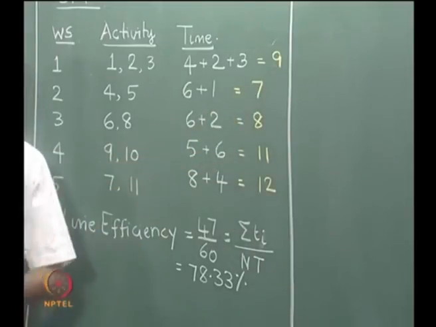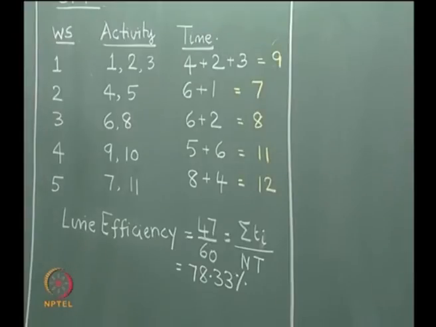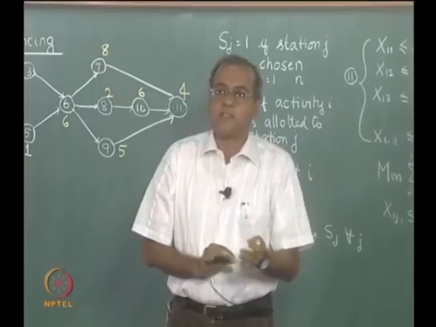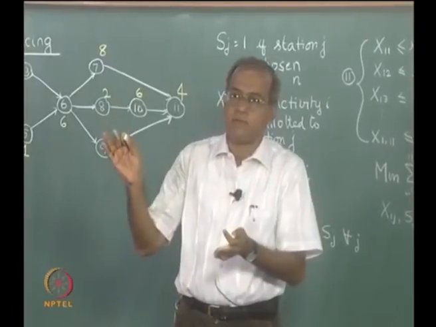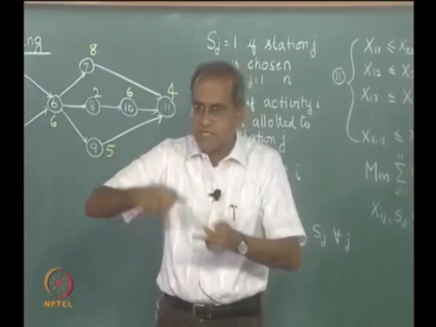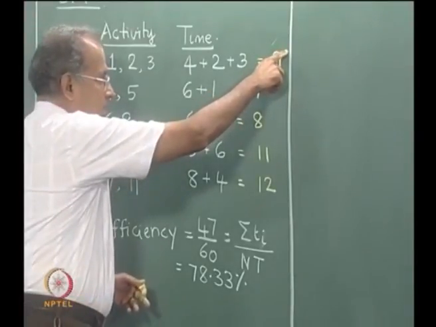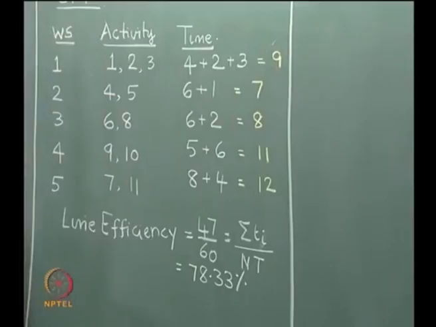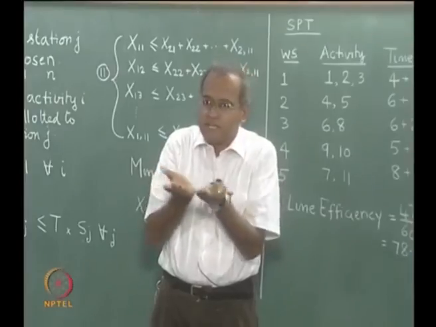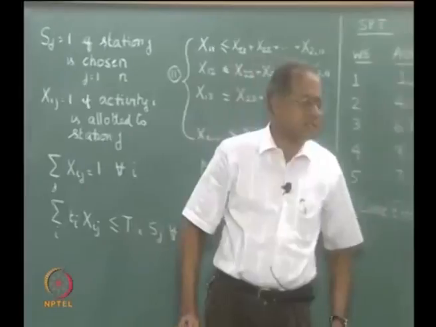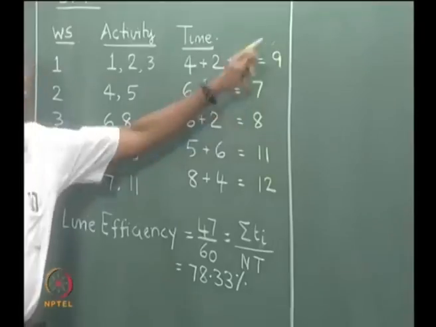Either this person has to stop working for every 5 time units, or this person will end up building some inventory. There are many things that matter because the input to this is the 9 that comes from this workstation. So, we all need to ensure that the workstations are sufficiently balanced, so that there is very little difference between these 5 numbers.